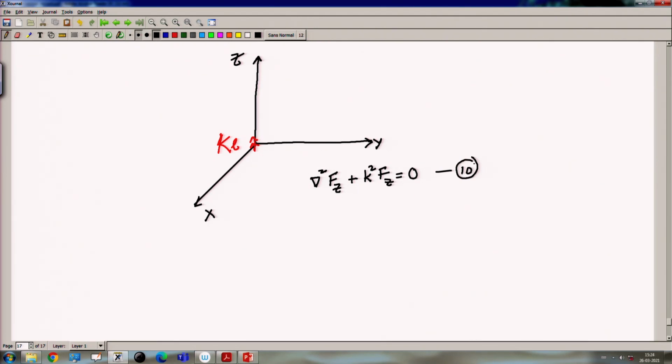Also, due to the spherical symmetry of the problem, the fields will be spherically symmetric due to the nature of the problem.